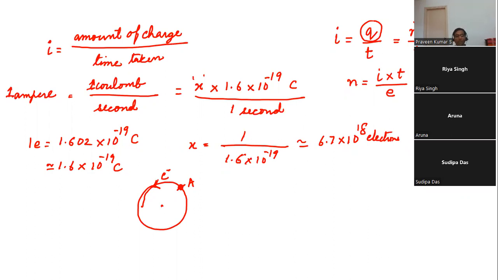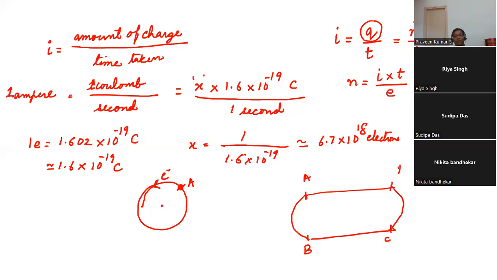Okay, let me put it this way. Let's say in your school you have a 400-meter track like this. In this 400-meter track, let's say you start the race at point A and there are 4 different points like this. Let's assume that you require 5 minutes to complete one entire round of the track.